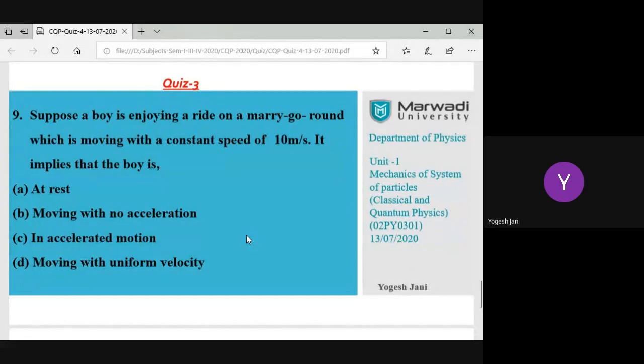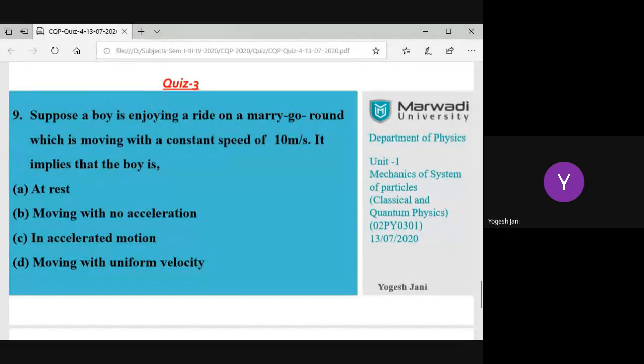You can type your answer here. There are 4 options: at rest, moving with no acceleration, in accelerated motion, moving with velocity. Think about what your correct answer is. One by one, you can type and answer it. It doesn't matter, no problem.